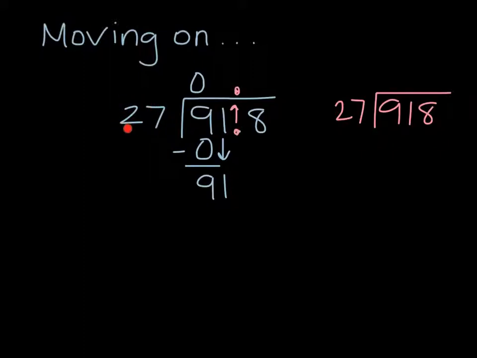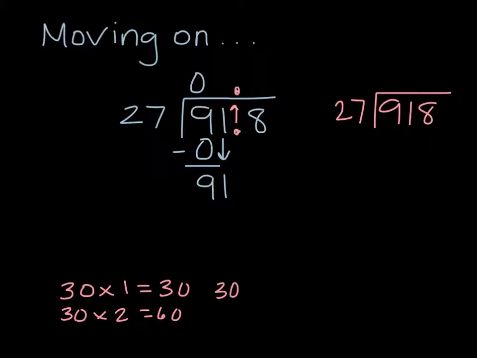So I'm going to round 27 to 30. I know that one group of 30 is obviously 30. 2 groups of 30, well, that's 60. And 3 groups of 30 is 90.